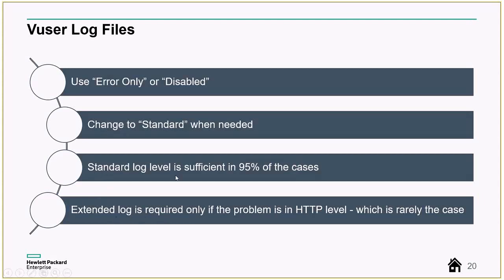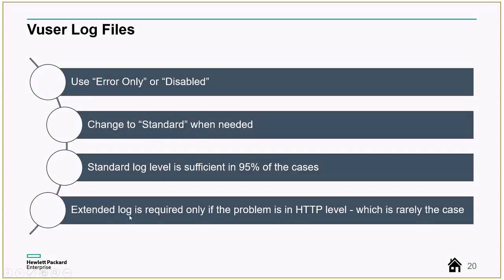The standard log level is sufficient in 95% of the cases. Please help us with it, because when we are getting support cases and we get extended log, it is extremely difficult to get oriented in there, and the resolution time is simply going to be longer. It's not going to help you, it's going to hurt you. So use standard log at a maximum unless you were requested.